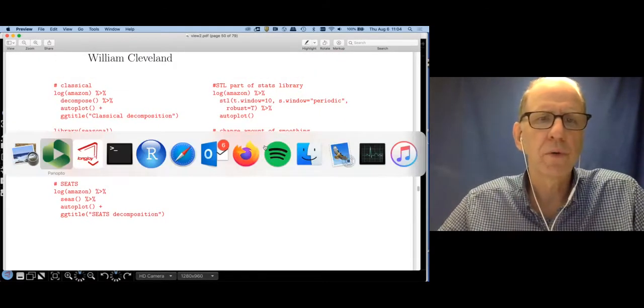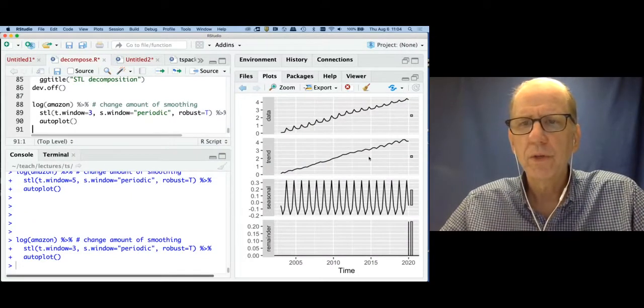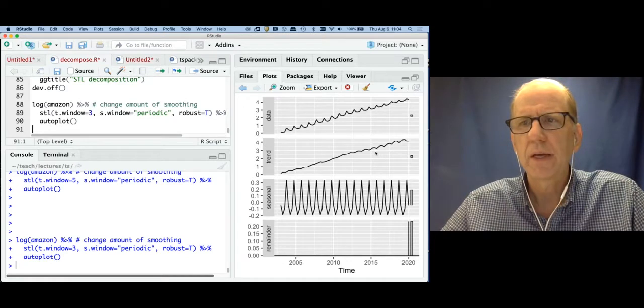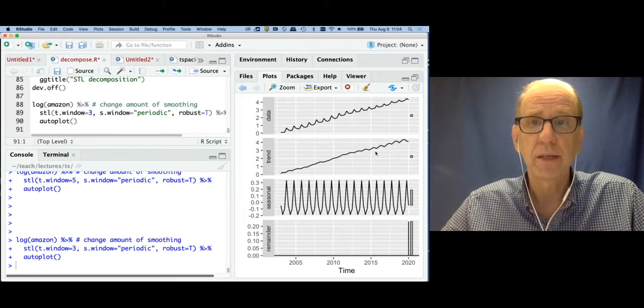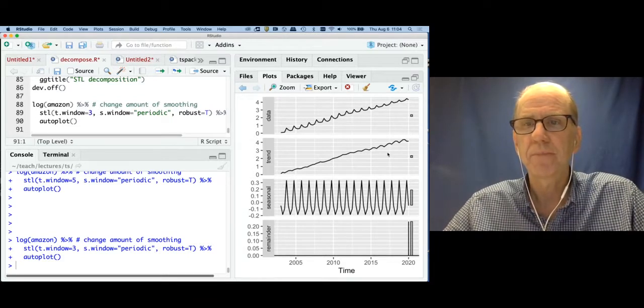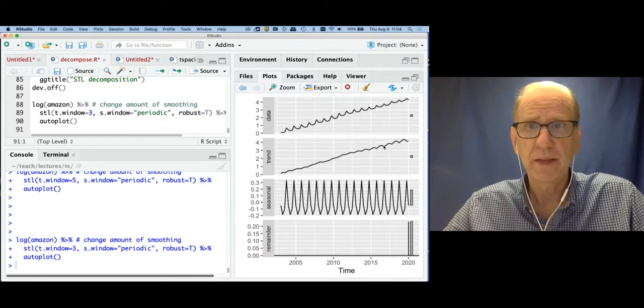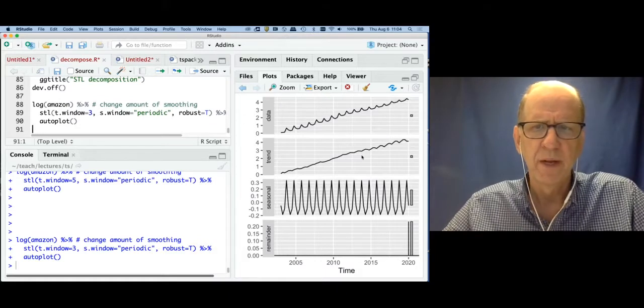So let me just show you what you get in R when you use a window of 3. What you'll see is the cycle trend is really under-smoothing now. We're seeing some of these seasonal effects creeping into the cycle trend part that really shouldn't be there. That should be put down in the seasonal part, not in the cycle trend part.